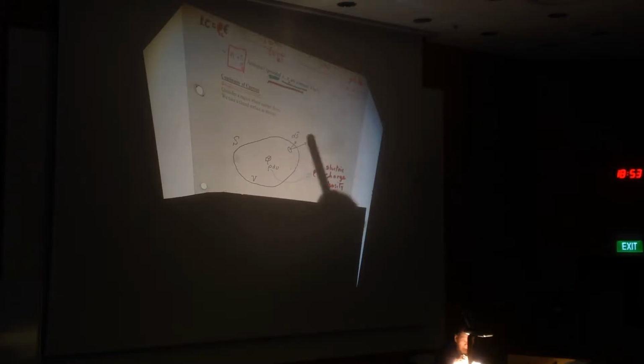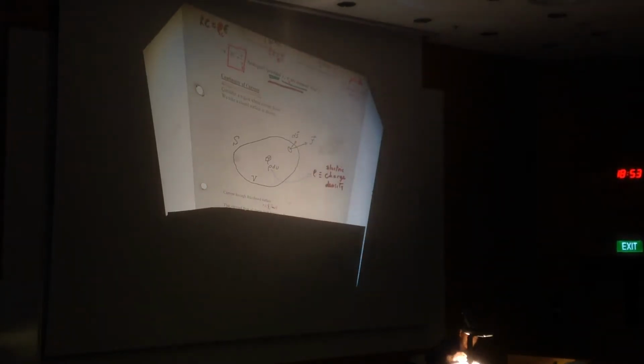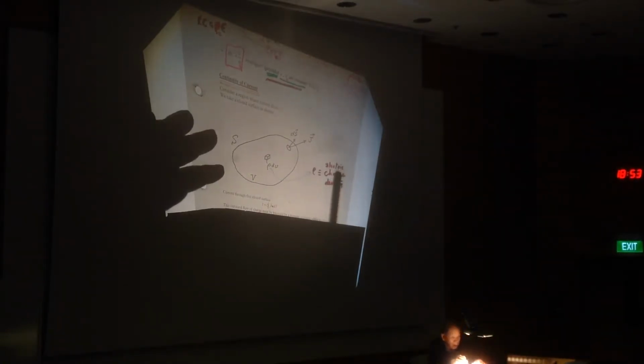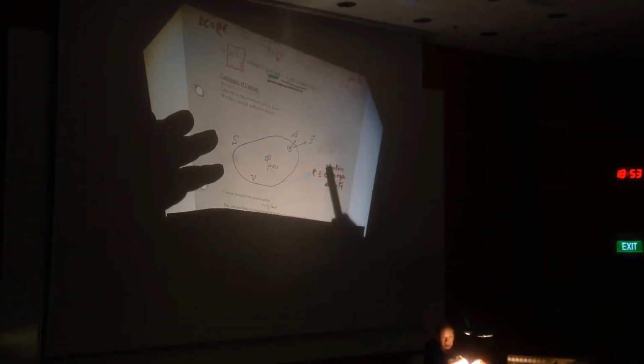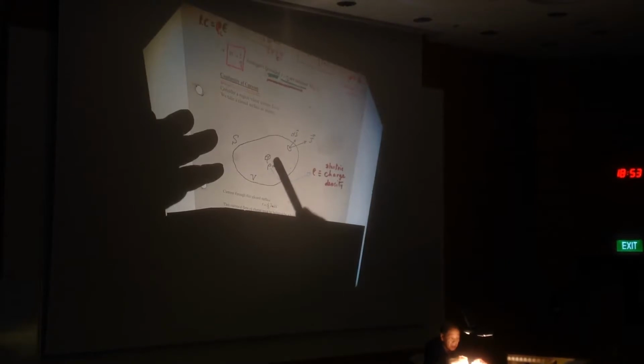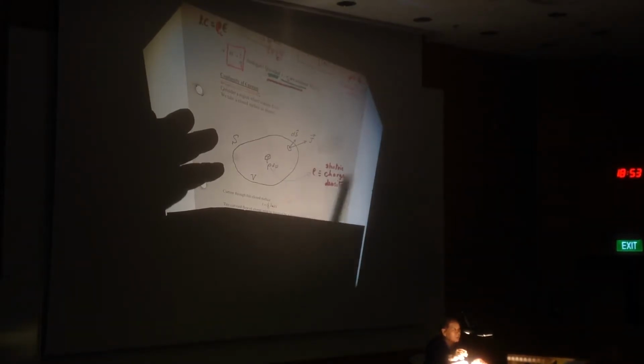The current may be going in, going out, we don't care. So in general, the net current flowing out of the surface is the integral of J dot ds. Here rho is charge density, not resistivity, and dV is the element of volume.